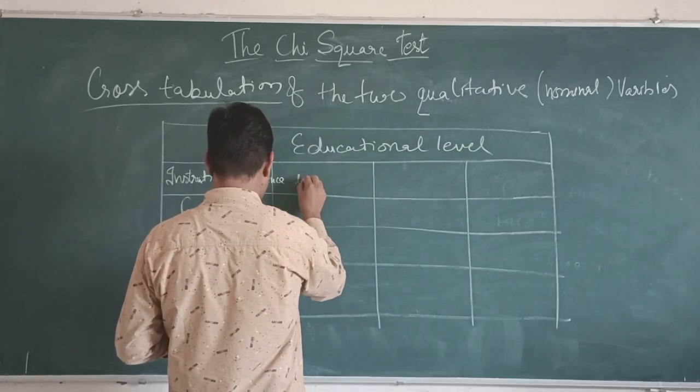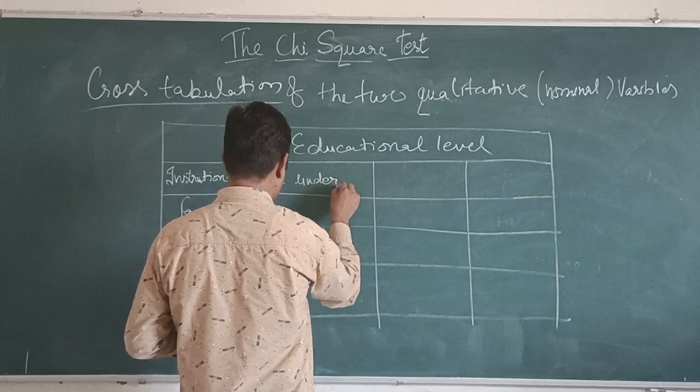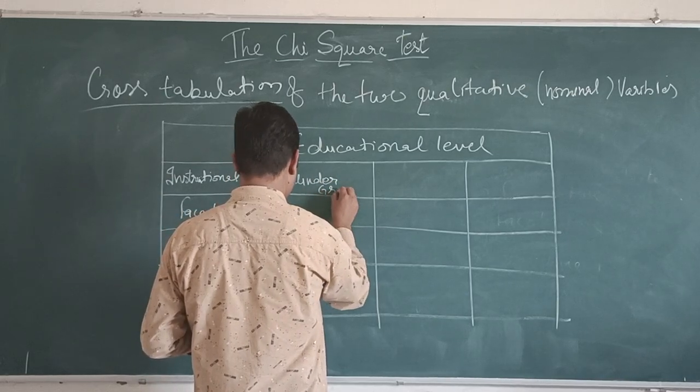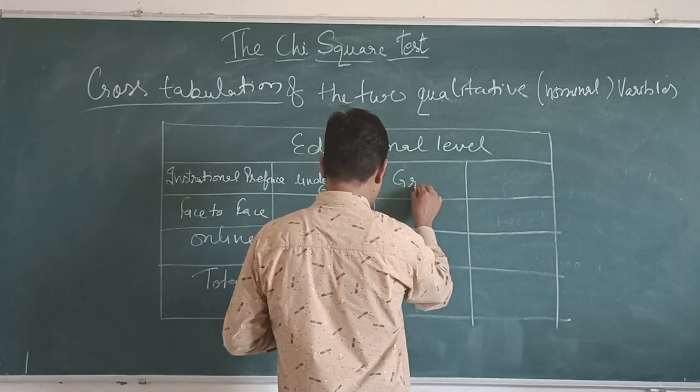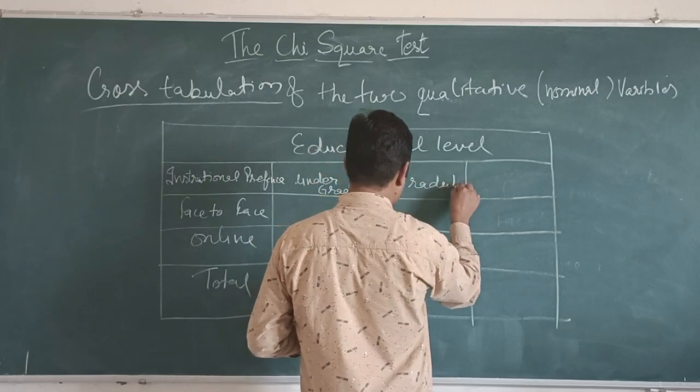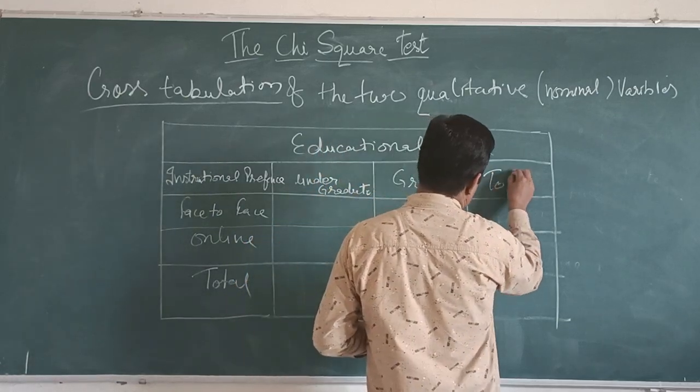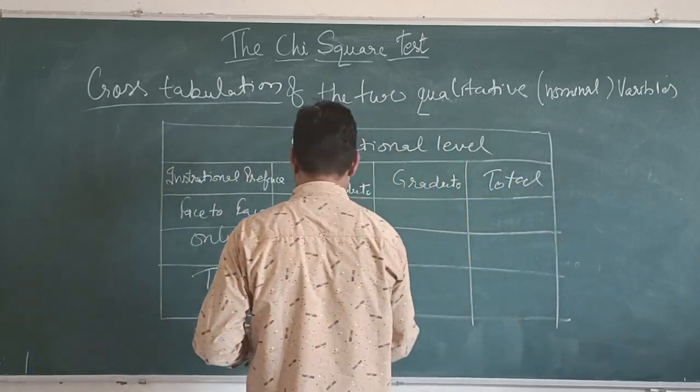First one we will put undergraduate. Second one is graduate. And last one is total.